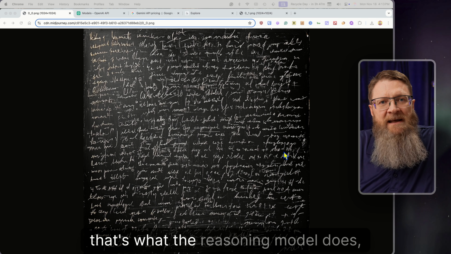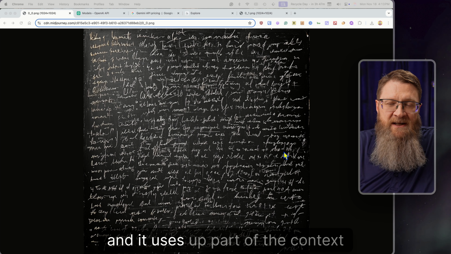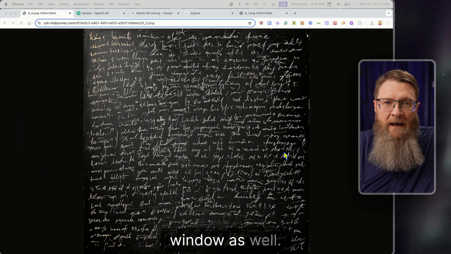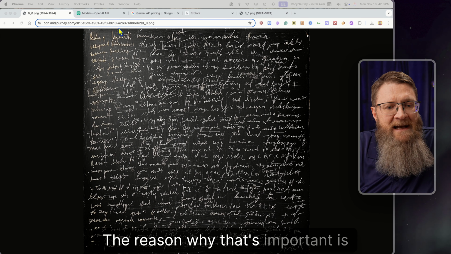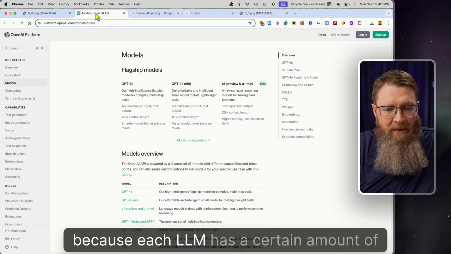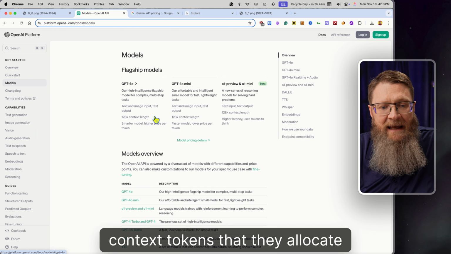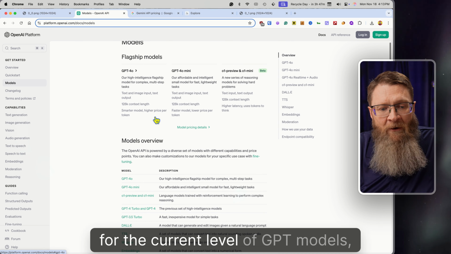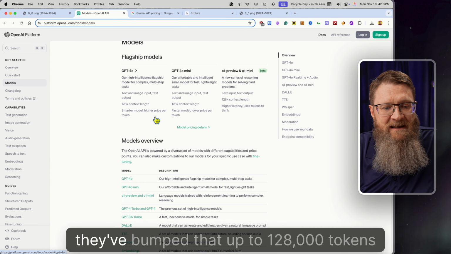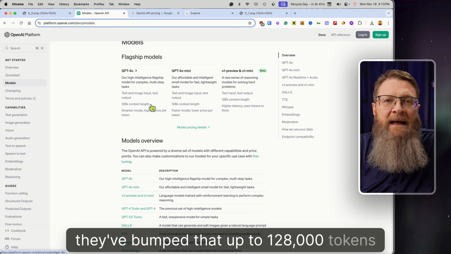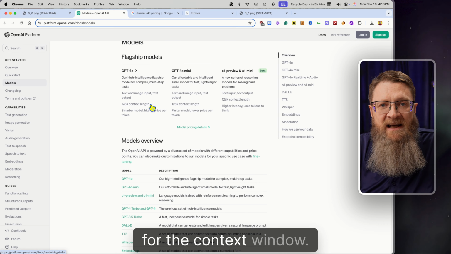Well, that's what the reasoning model does, and it uses up part of the context window as well. The reason why that's important is because each LLM has a certain amount of context tokens that they allocate. For the current level of GPT models, they've bumped that up to 128,000 tokens for the context window.